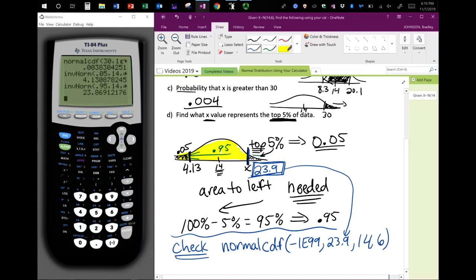This should give you what probability? Think about it. Pause and think about it. It should give you the 0.95.